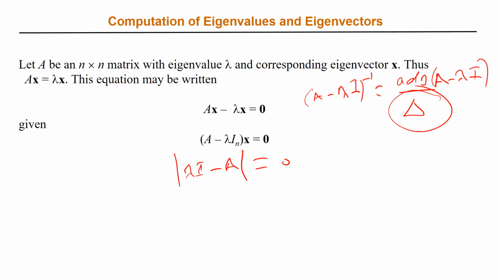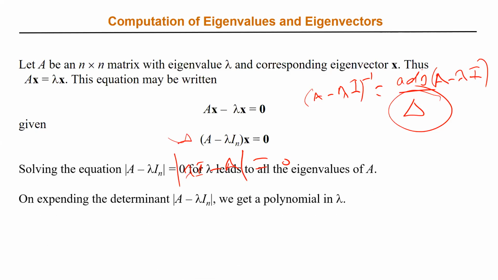Once you find the eigenvalues, you can go back to this equation, and for each eigenvalue you are going to get an associated eigenvector by solving this equation.